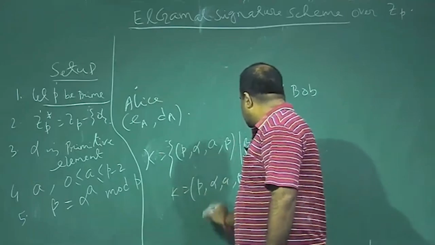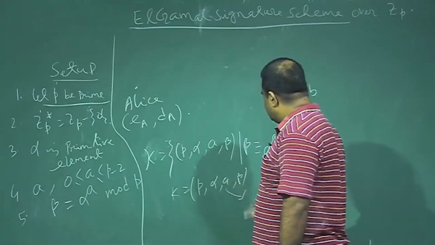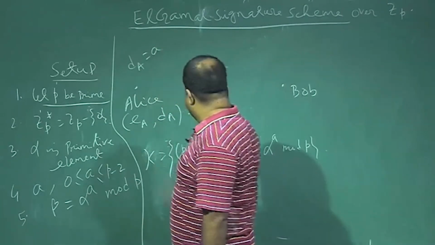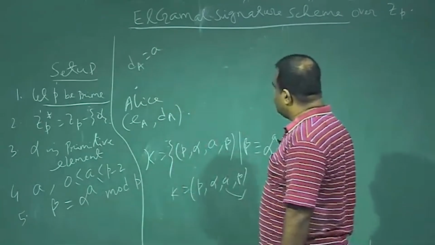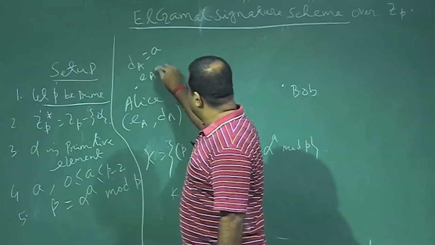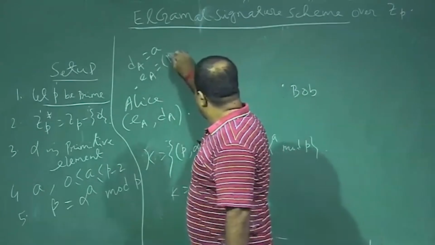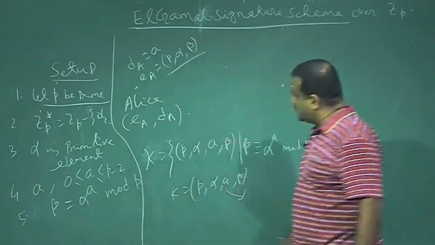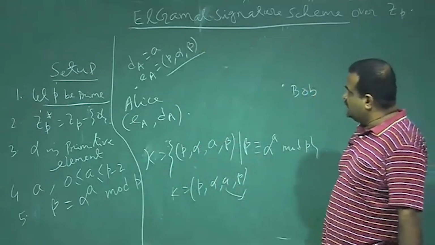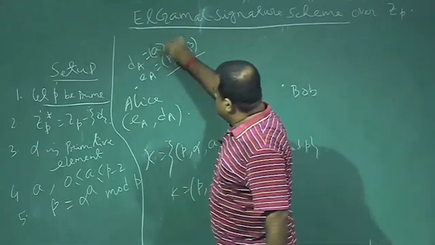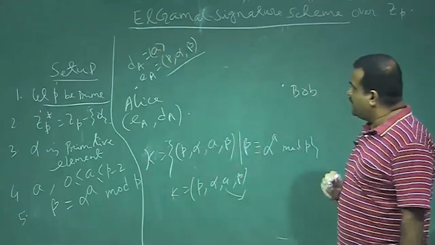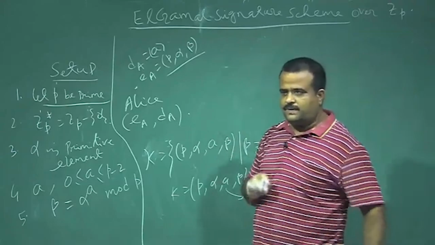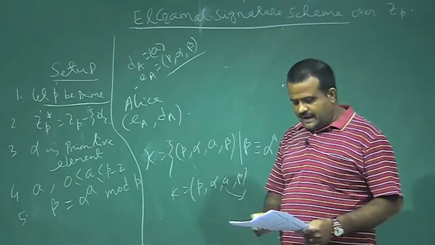Among these, this is the secret key, d of a, which is basically a, and the remaining ones, p, alpha, beta, are all public keys of Alice. Only a is the secret key of Alice, and this will be used for the signature purpose, because this is the secret of Alice.